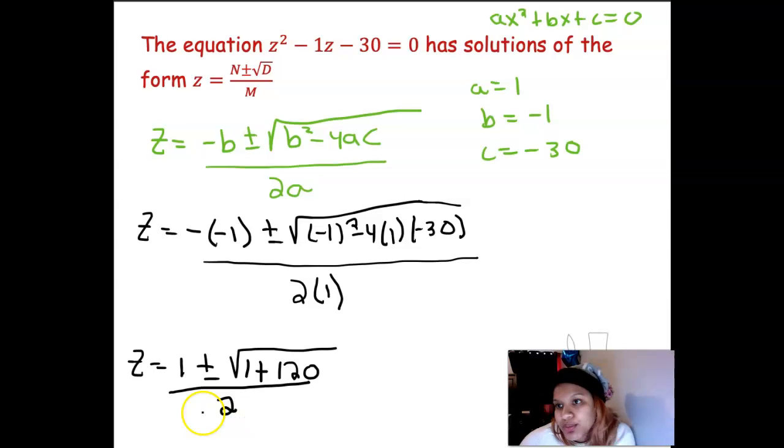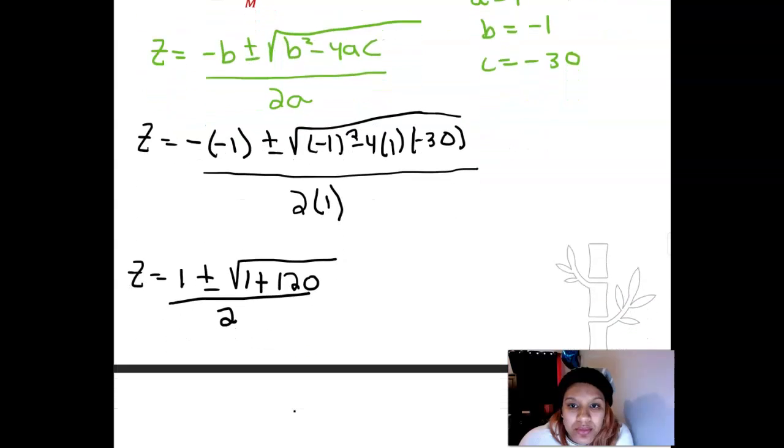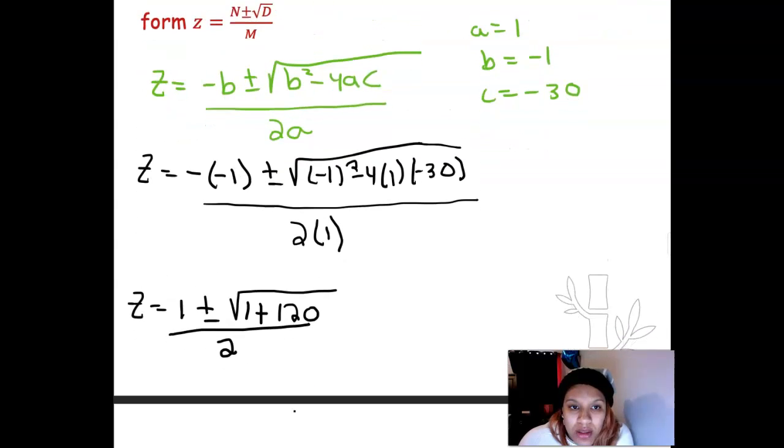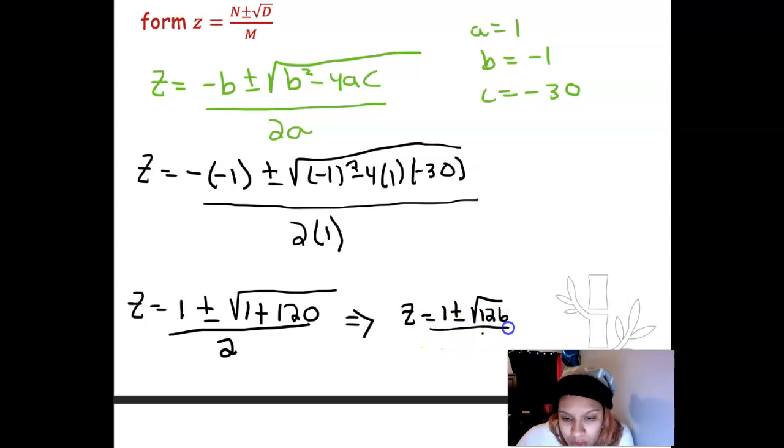And then you got 2 times 1, 2. Now, we're going to go ahead and add here. So I have z equals 1 plus or minus square root of 126 over 2.